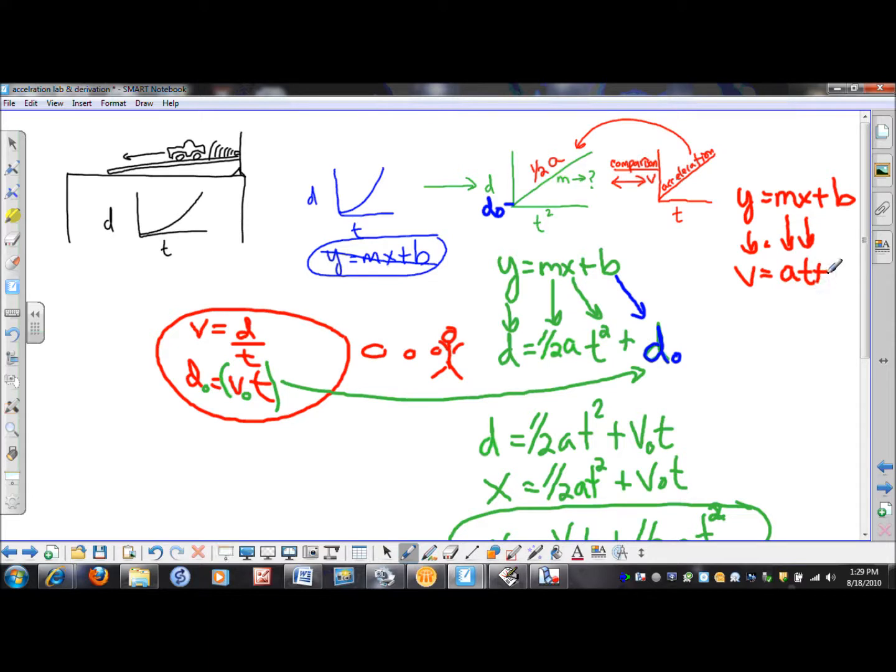And the y-intercept crosses at v sub naught. That's right. It crosses at v naught. Done. Let's just put them in math order. We would say v equals v naught, the simpler one first, plus at. That's simply how I write it. Here's our second derivation. And that one was easy.